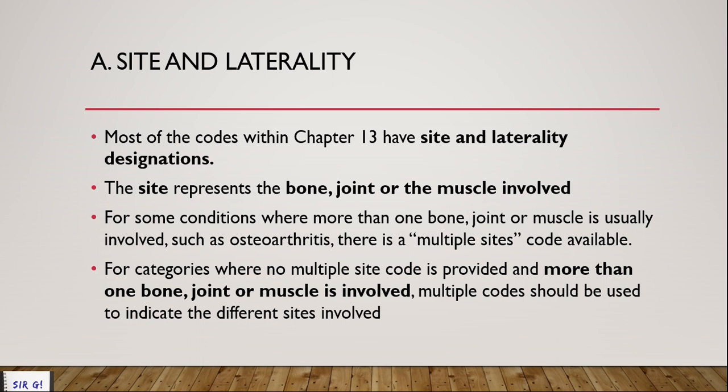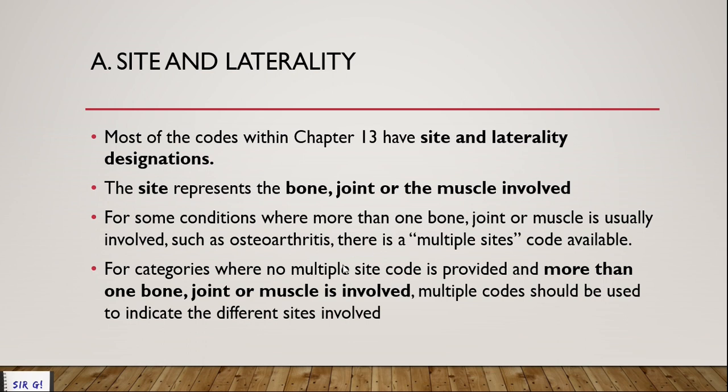The site represents the bone, the joint, or the muscle involved. For some conditions where more than one bone, joint, or muscle is usually involved, such as osteoarthritis, there is a multiple sites code available.